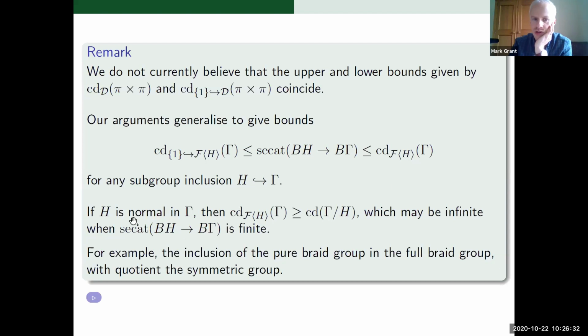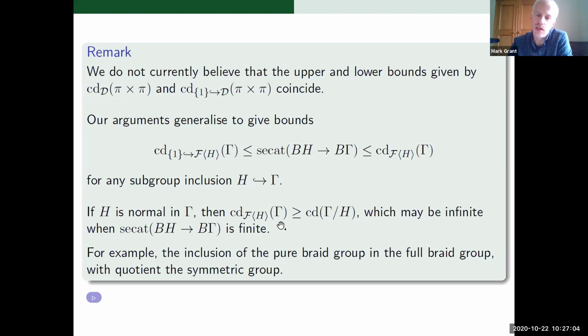So if you have H being normal in pi and the quotient group is finite, and you take the family generated by H, which is basically just all subgroups of H, it's easy to show that the cohomological dimension with respect to that family is at least as big as the cohomological dimension of the quotient group.